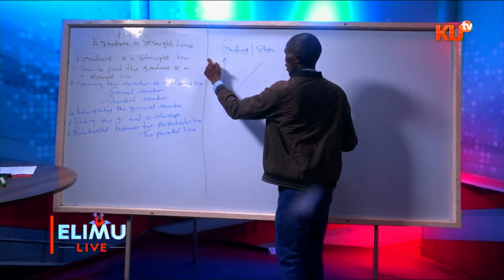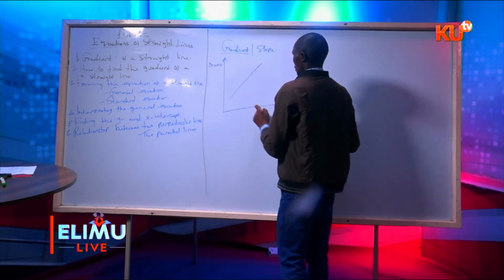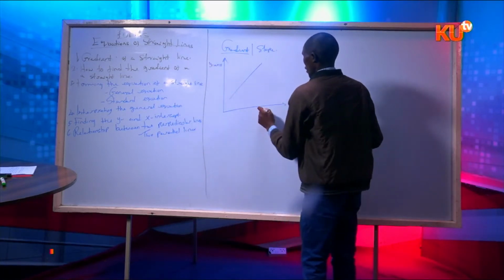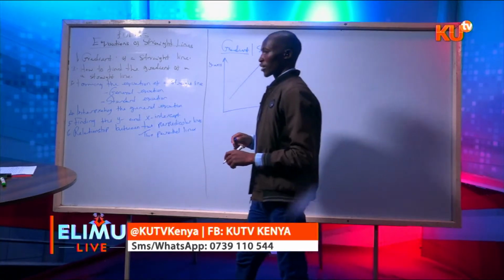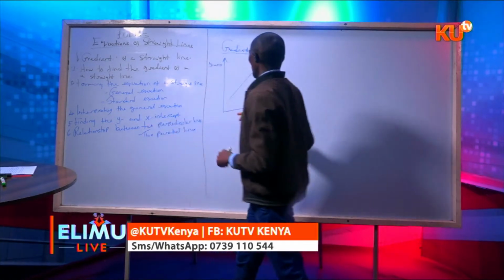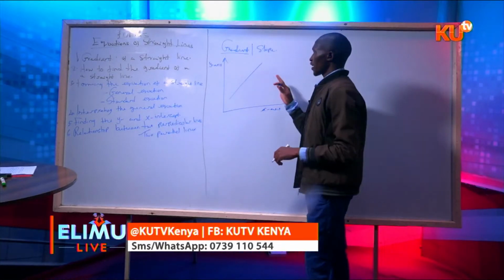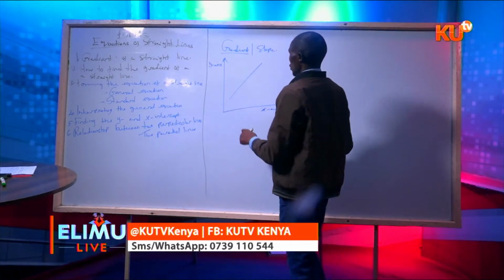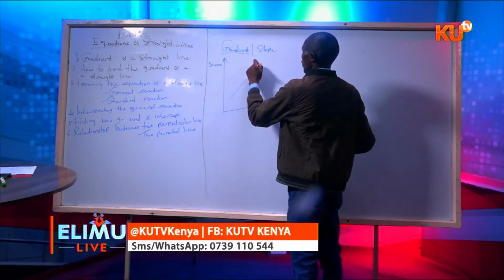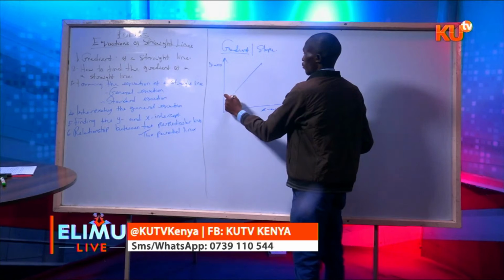So this is the y-axis. This is the x-axis. When we talk about the gradient, we try to see the proportion in the change of the y-axis. Let's have a point here and another one there.